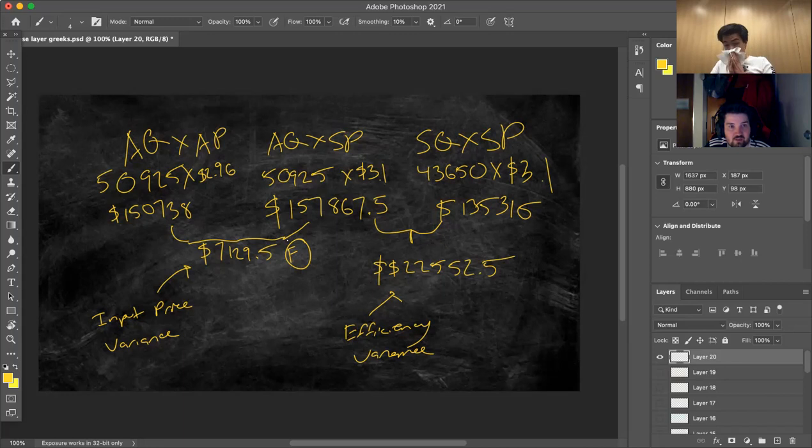So the actual was less than the forecast. Yep. And then for the efficiency variance, it would be unfavorable.